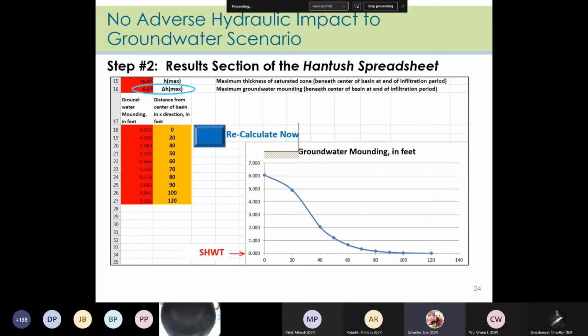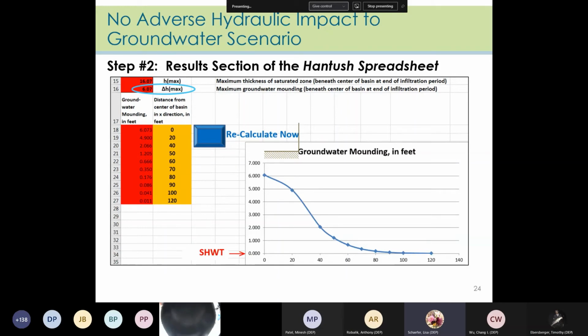So had the height of mounding been high enough to intersect the bottom of the basin, it would mean that the mounding would interfere with the infiltration capability of the basin, and we would have to run a new model or a trial that would involve increasing the basin footprint to spread out the volume of runoff being infiltrated.